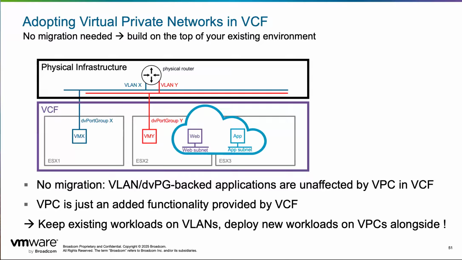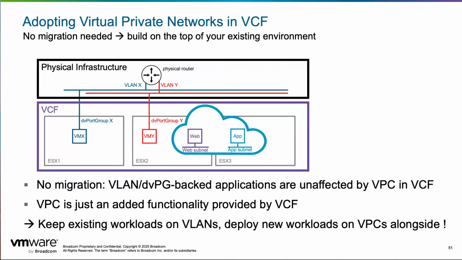Virtual networking and VLAN-backed DVPGs coexist. In fact, when you onboard VCF over your existing infrastructure, your workloads that are attached to port groups are simply unchanged. So you don't have to use NSX or VPC. However, the good thing also that most people don't realize is that you don't have to use one or the other. You can have workloads that are VLAN and DVPG attached and use VPCs on the same VCF infrastructure.